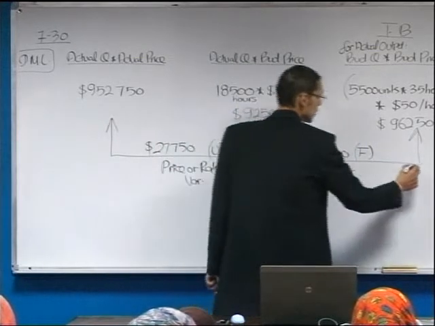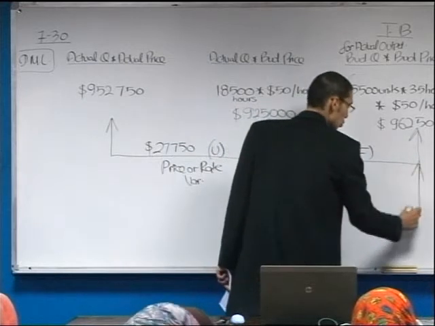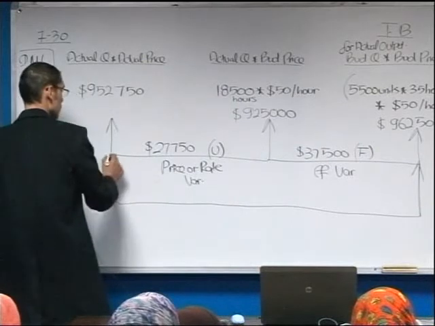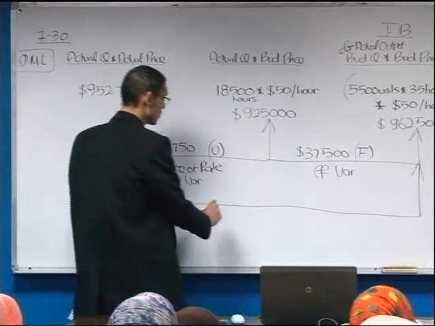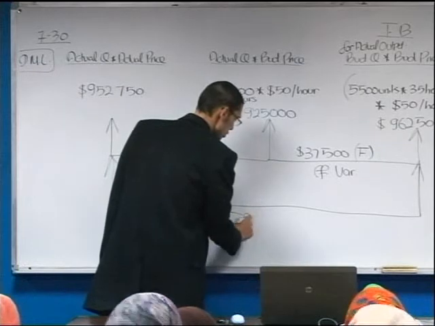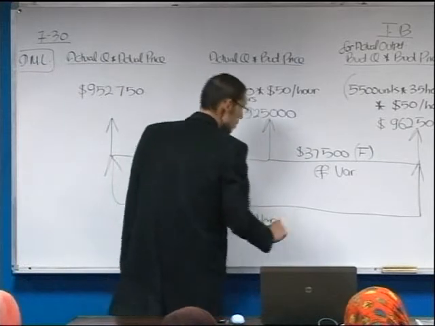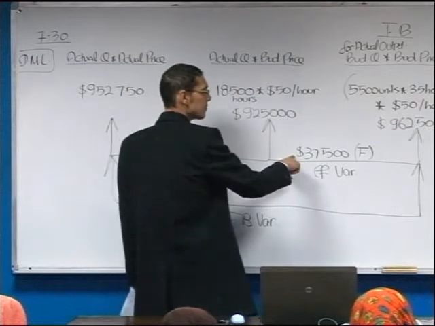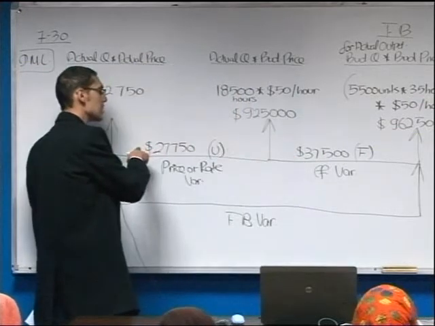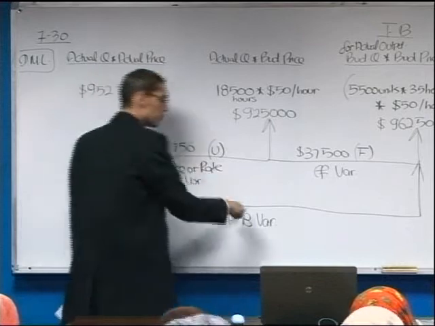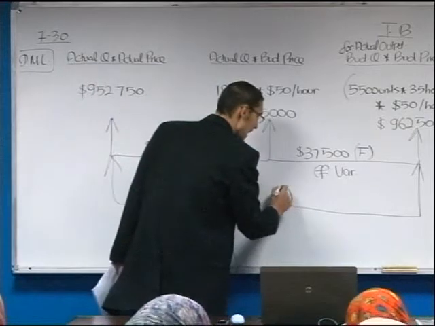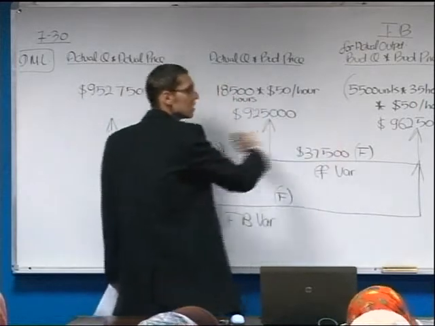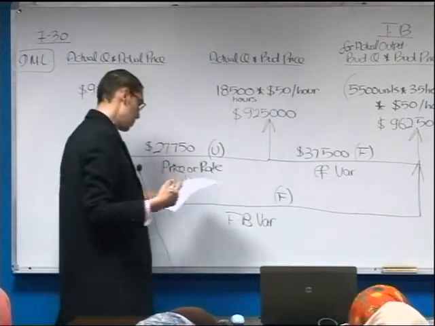Of course, according to our level 2 analysis, we have a flexible budget variance, which is, as we can see here, 37,500 is more than the 27,750. Therefore, the flexible budget variance would be a favorable variance. Now, because we have unfavorable and favorable, we need to deduct these two numbers.